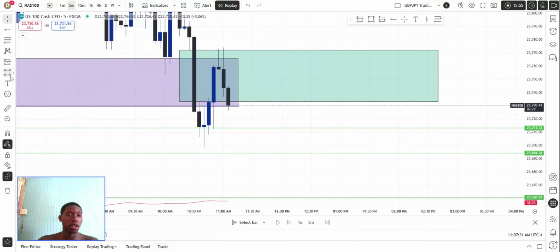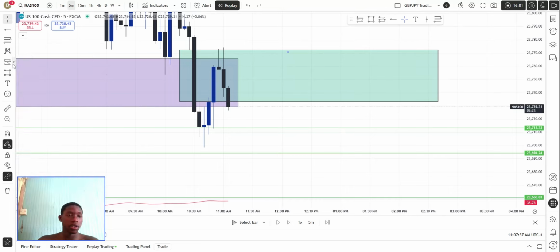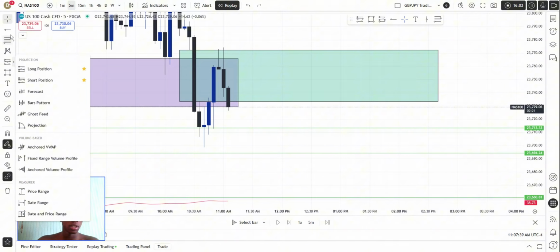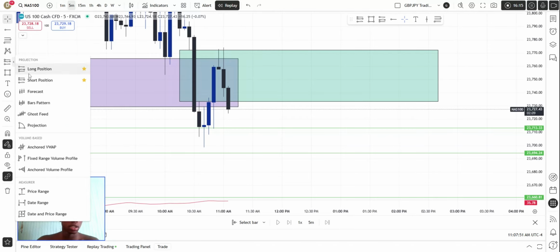where are the tools, man? Oh my gosh. It's my first time doing this, so where's the pointer arrow? Where's the pointer arrow?